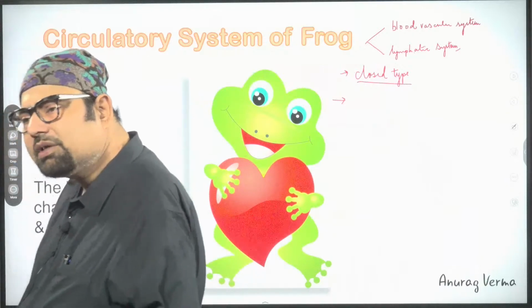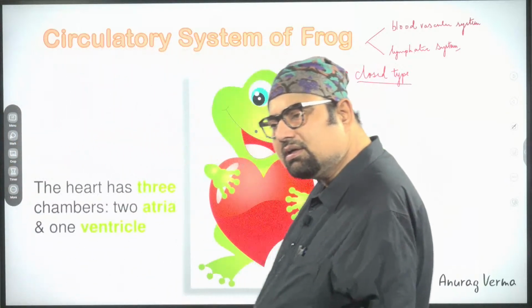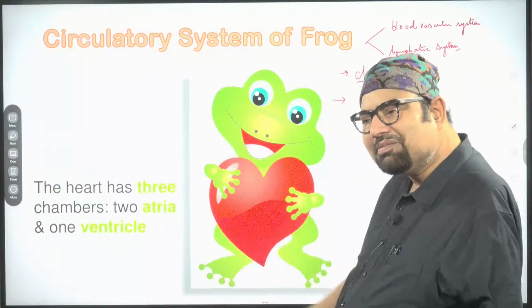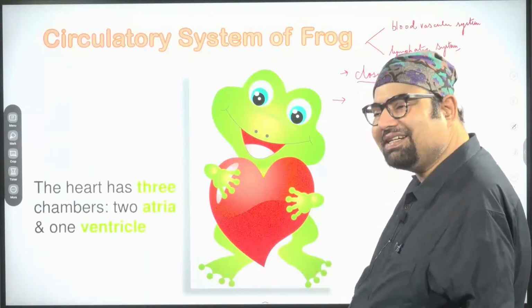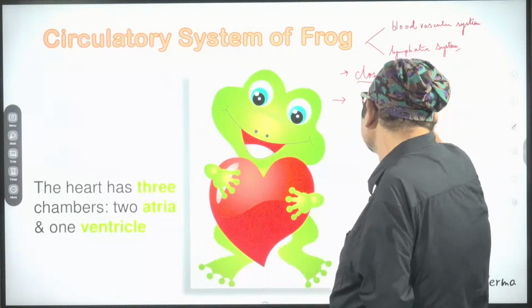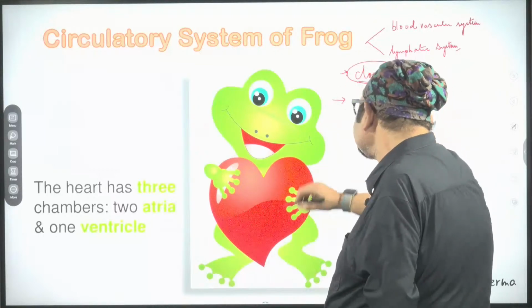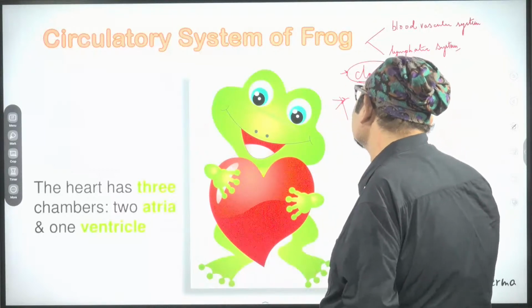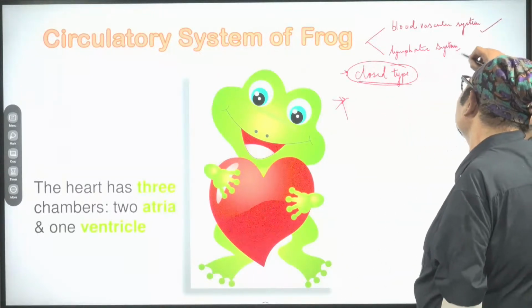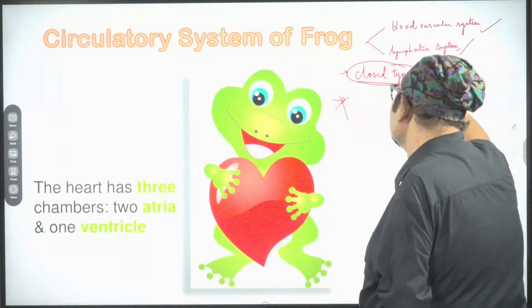There is no hemocoel. Hemocoel is in cockroach. Sorry, I unnecessarily appreciated you. Hey, baba, it is a closed system, closed type. No hemocoel. Sorry. Blood vascular system and lymphatic systems are there. It is a closed type.